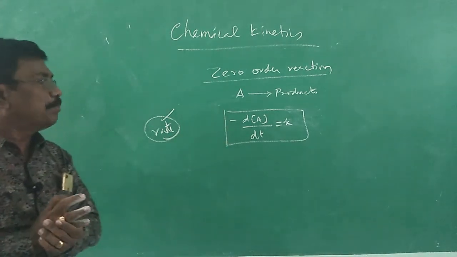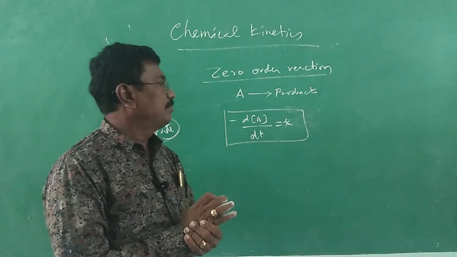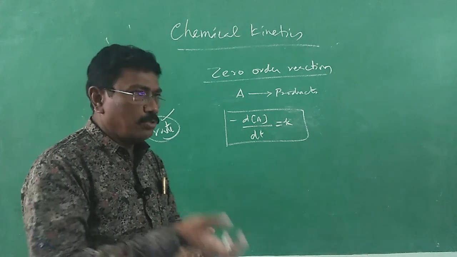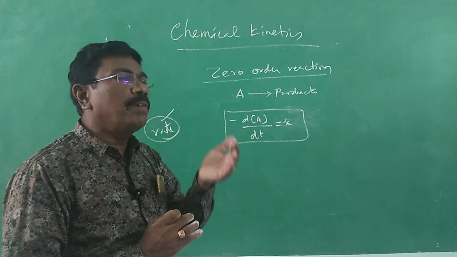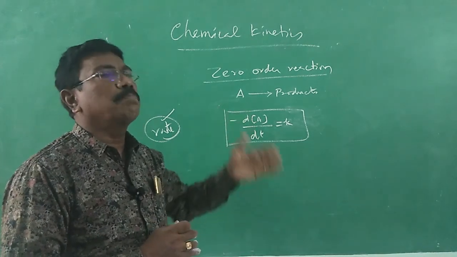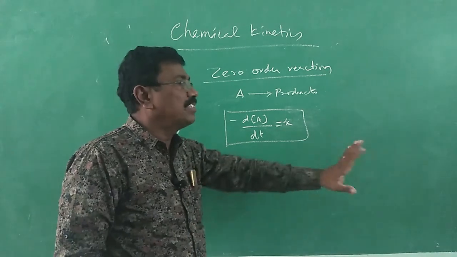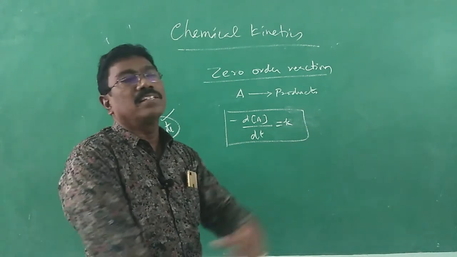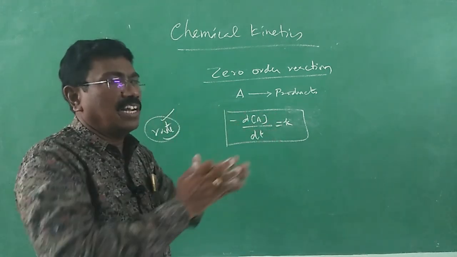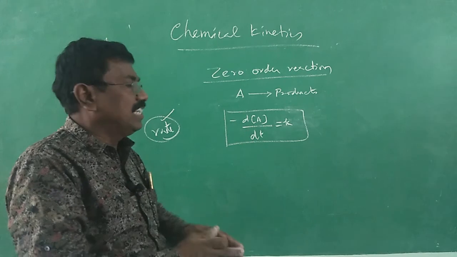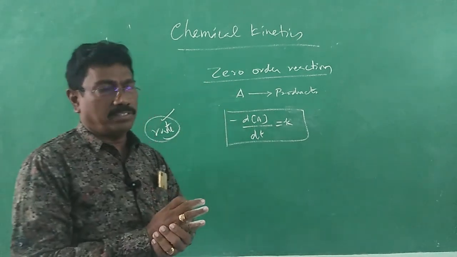On the other hand, let me say we have a showroom of a car, maybe a Skoda showroom. The sale of cars may not depend on the number of vehicles parked there. Whoever wants, prefers, they will purchase it. They never bother how many vehicles are present. So the sale of a Skoda car in the Skoda showroom is independent of the number of cars in the showroom.